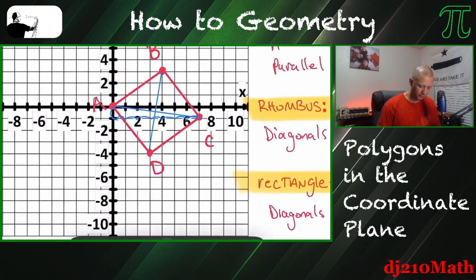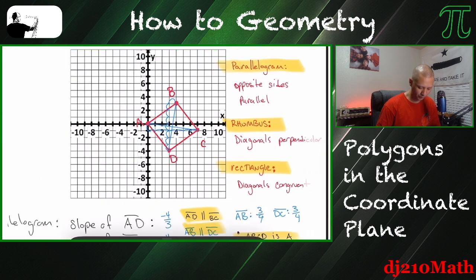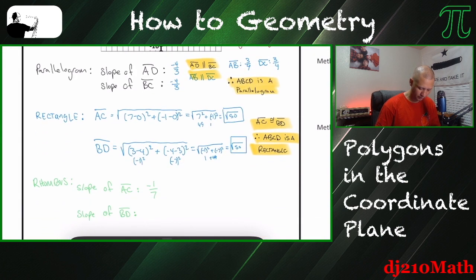The slope of BD, so starting at D, counting up, so positive 1, 2, 3, 4, 5, 6, 7. To the right 1. So positive 7 over 1. So looking, they are opposite reciprocals, negative 1 over 7 and positive 7.